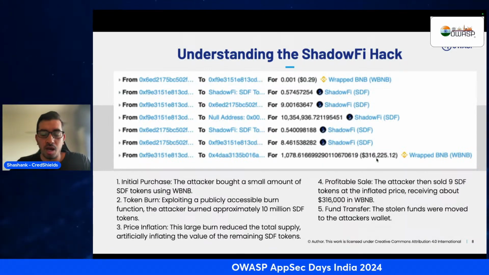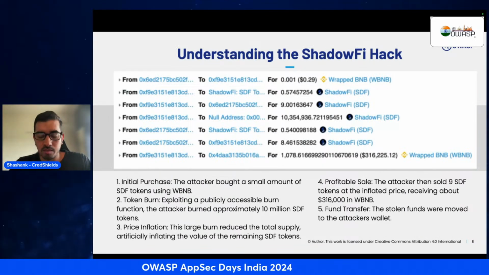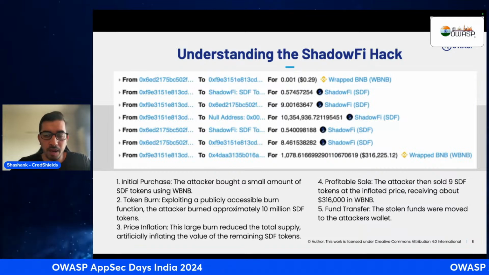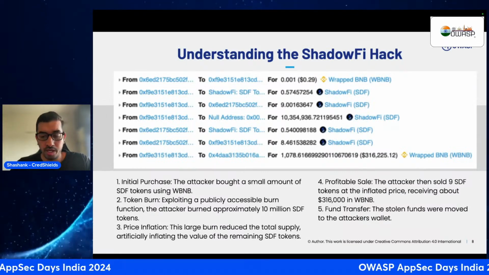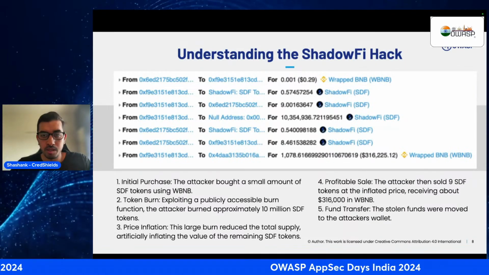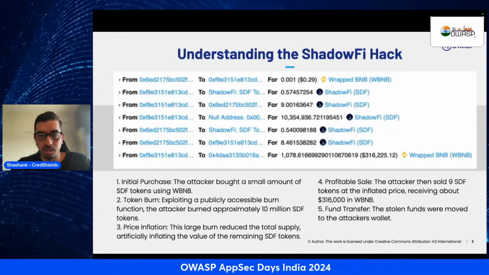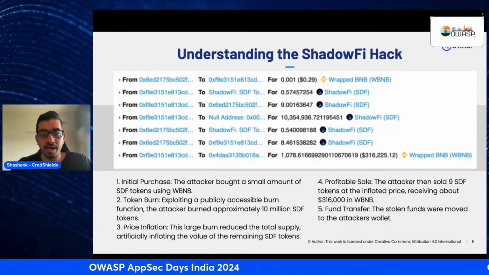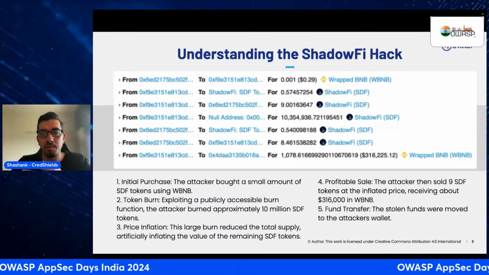$316,000. How tokenomics works in most cases is it's a demand and supply problem. It's just like our day-to-day thing. For example, if the price of onion goes up in the market, the reason behind that is maybe because the supply is low and the demand is more.